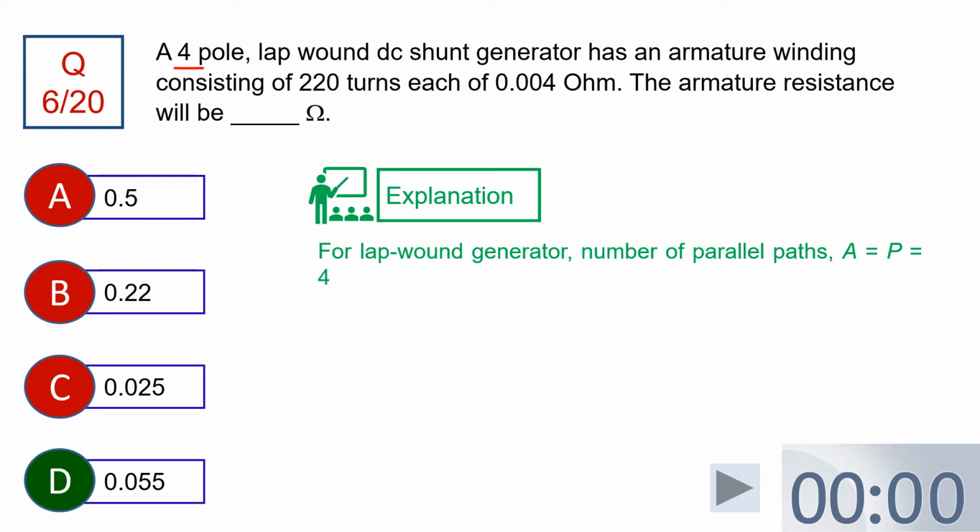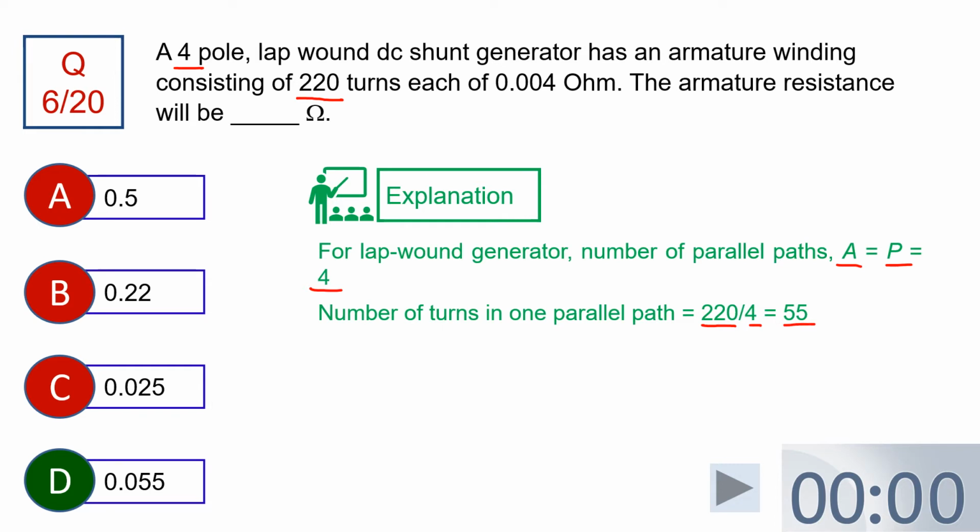And in case of lap wound generator, number of parallel paths A, it is equal to P, and here P is equal to 4. Now total number of turns are 220 and there are 4 parallel paths, and therefore number of turns in one parallel path, it is equal to total number of turns 220 divided by number of parallel paths, that is 4, which is equal to 55.